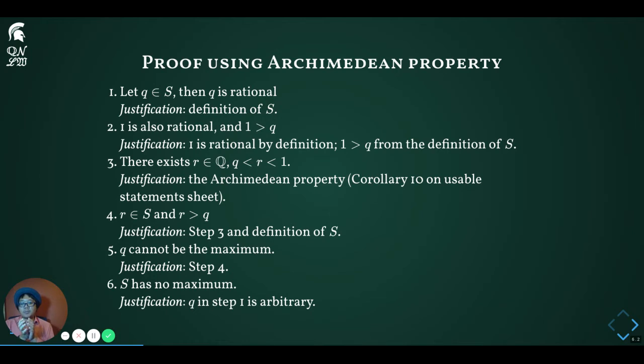This r must be an element of S since it is a rational less than 1, but it is also greater than Q, so Q cannot be the maximum. Since the Q selected originally is arbitrary, there cannot in fact be any maximum element of S, and S has no maximum.